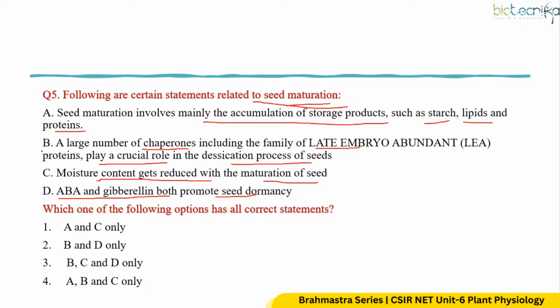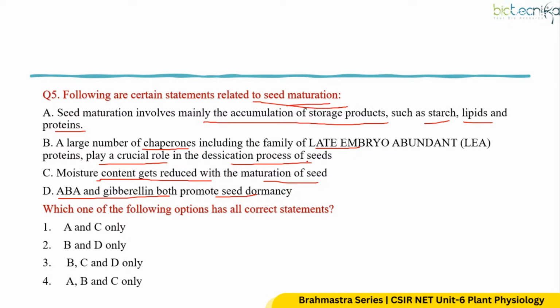What do you mean by seed maturation? Seed maturation means you are giving a time period for a seed to develop some genes so that they can synthesize the necessary genes that will be helpful for them to survive in the extreme conditions outside.